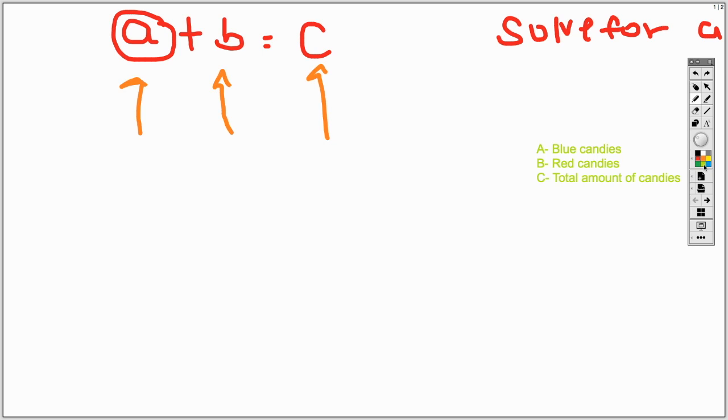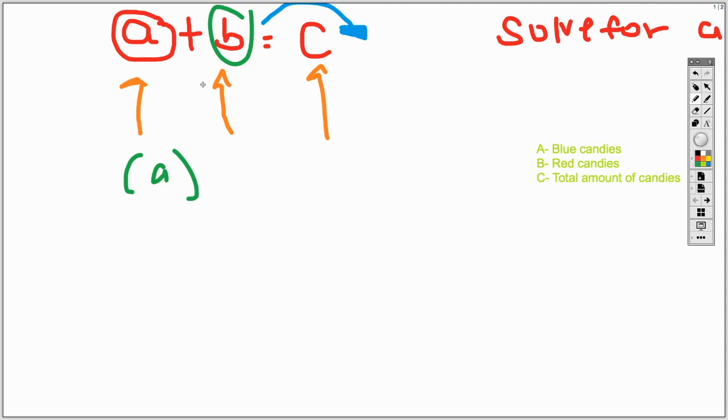If we want A to be all alone, so whenever it says solve for a specific letter, solve for A, that literally just means they want A equals. So in this case, we just want the side to be A. We don't want B. So how we usually do with solving equations or inequalities, we will move B right over here.